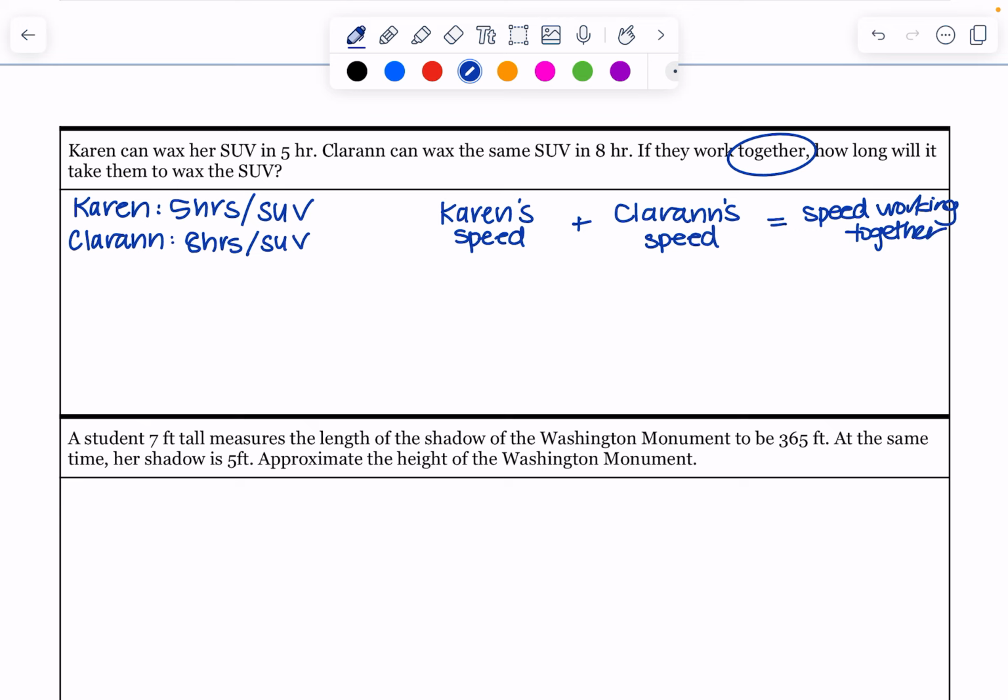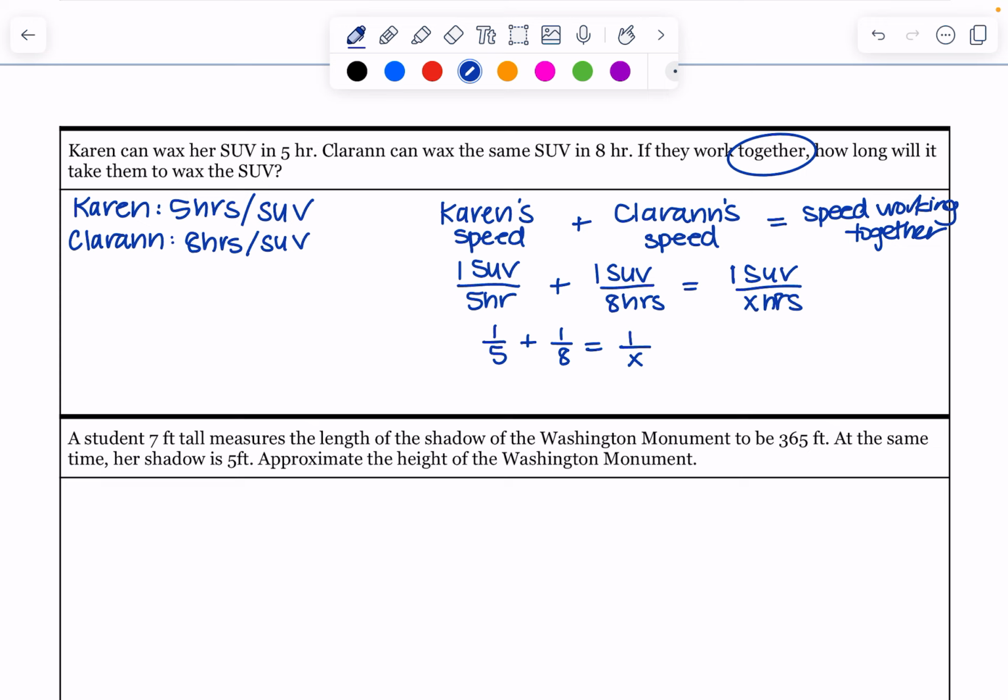For Karen's speed, we have one SUV takes her 5 hours, plus Claren's is one SUV takes her 8 hours. And for this last one, we have one SUV, and we don't know how many hours. So our equation is going to be 1/5 plus 1/8 is equal to 1 over x.